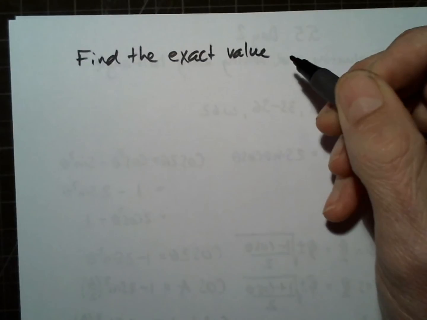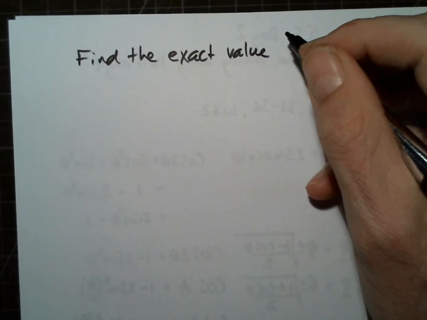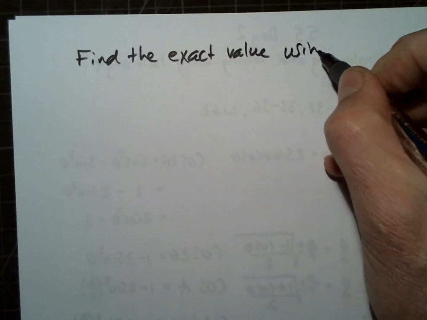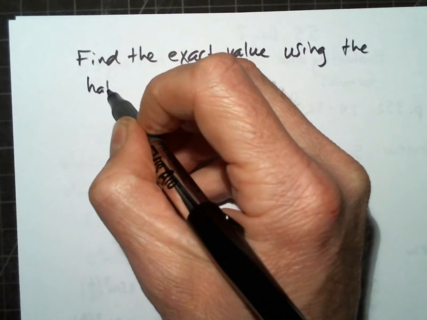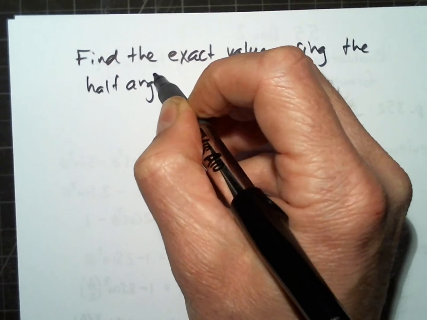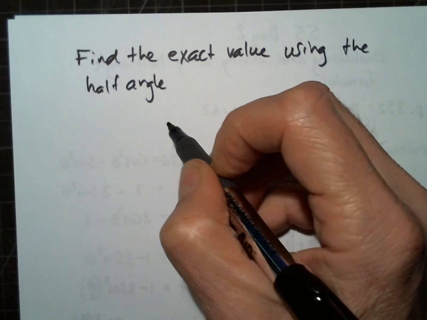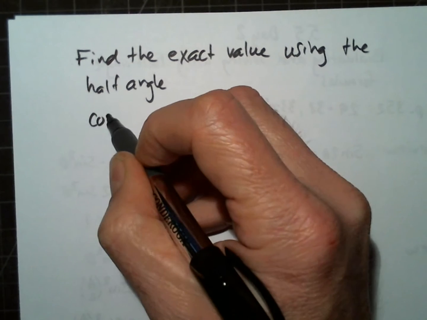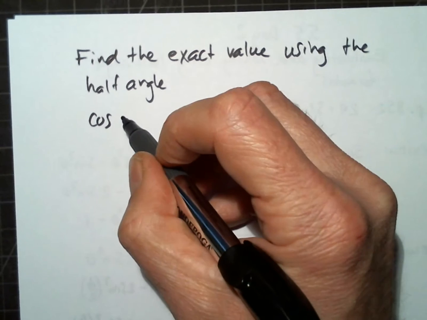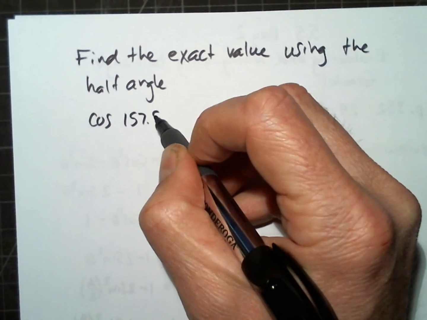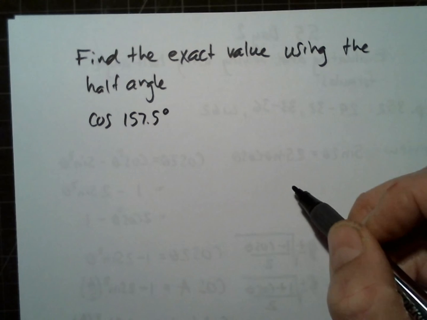Find the exact value using the half angle. We're going to evaluate cosine of 157.5 degrees.